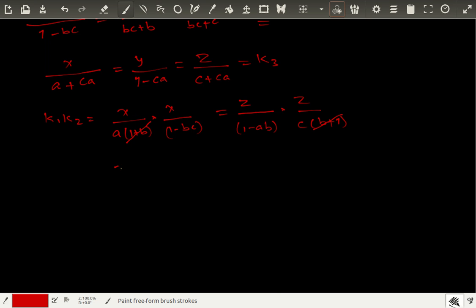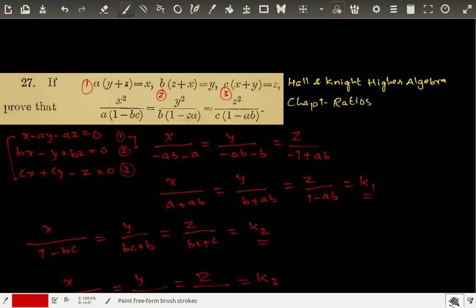Okay, so now we get x square by a times (1 minus bc) is equal to z square by c times (1 minus ab). So using K1 K2, we have proven that this expression is equal to this expression.